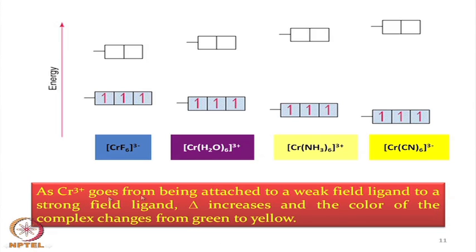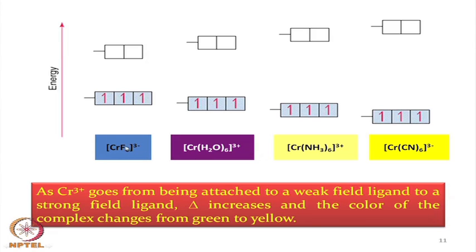So, as we attach chromium to a weak field ligand like F minus towards CN minus, the delta values increase and the color of the complex changes from green to yellow. The color variation is taking place, and this is a nice green color.